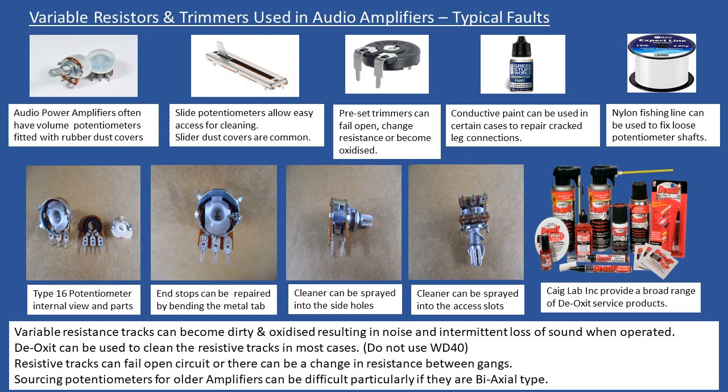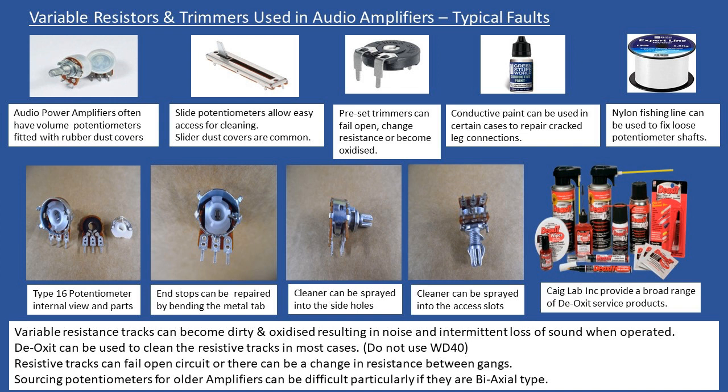That's one of the gangs, so this would be a dual gang pot, and that's the second gang. To the right of that is what we call the wiper. It's connected to a plastic piece, which then connects to the metal shaft. As that comes through the front of the potentiometer, it connects the first gang, and then goes on to the wiper for the rear gang.